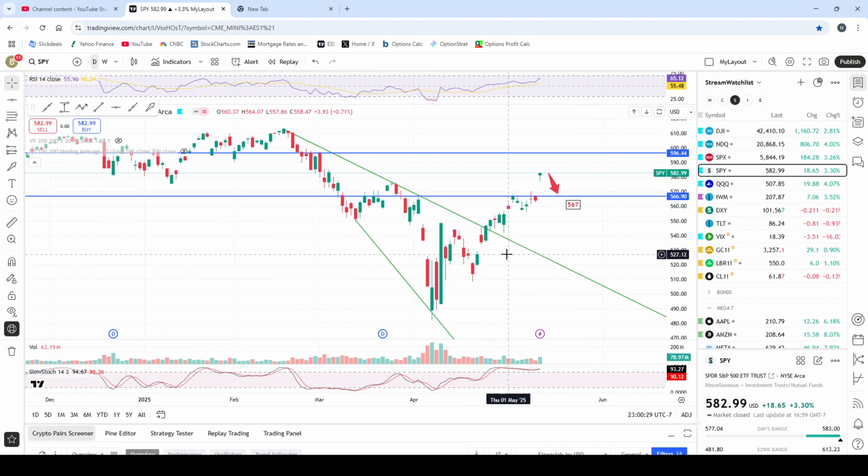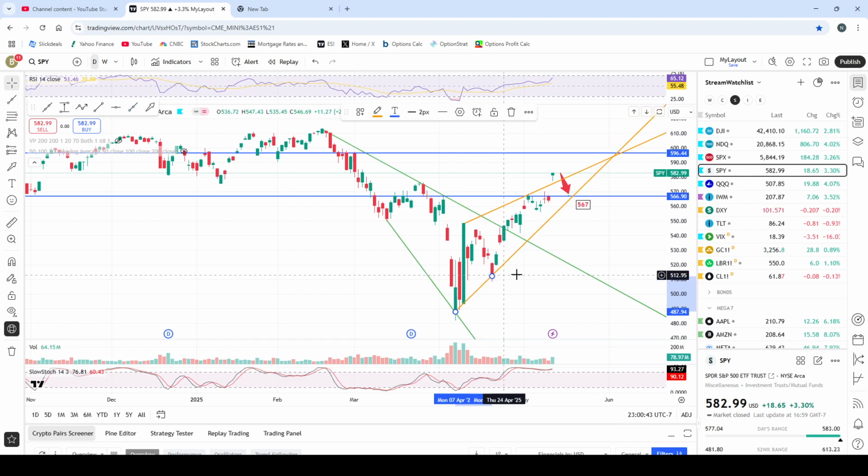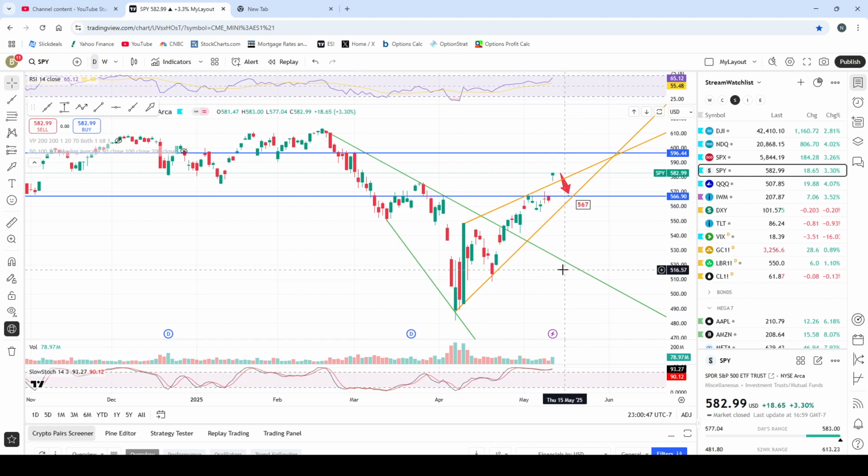But for now, we just focus on this shorter trend right here, and then right here, because we just look at the short term. We don't want to focus too far away. So this will be the short term target for SPY.